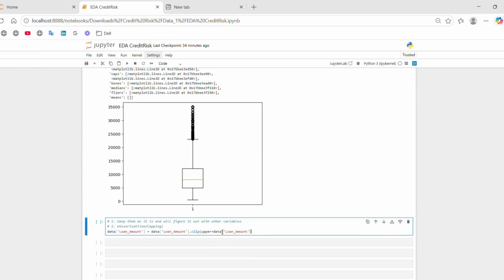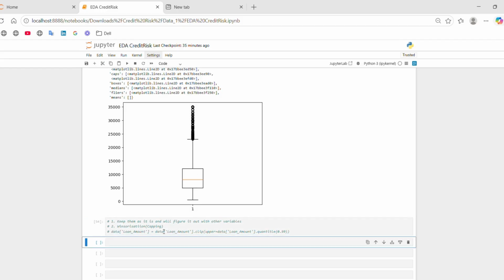Then you need to define the quantile, the 99% quantile, and then it will clip. I'm not running it as of now, but this will clip the data because I do need this in the upcoming analysis. So that's how you can do it, right?